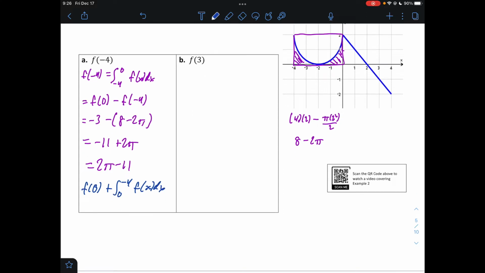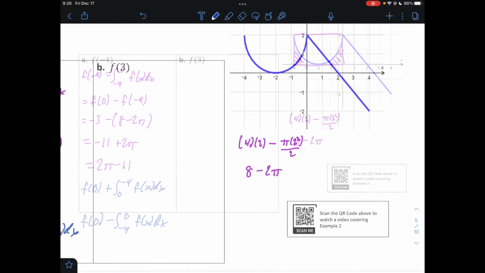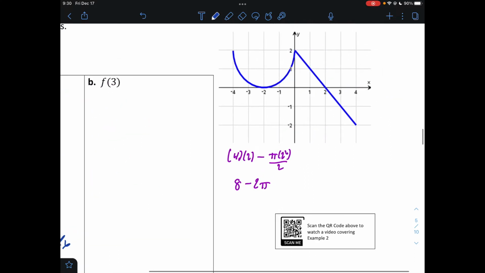And something we haven't really talked about yet, but when you flip the bounds, it just flips the sign, like this. So we can use this accumulator function as well, which is basically the same thing that we just did. It'll get us the same answer in the end, but it's just a different way to think of it, that's all. All right, let's take a look at part B now.